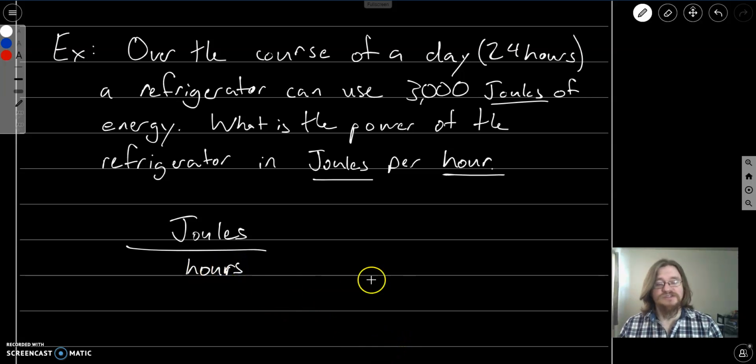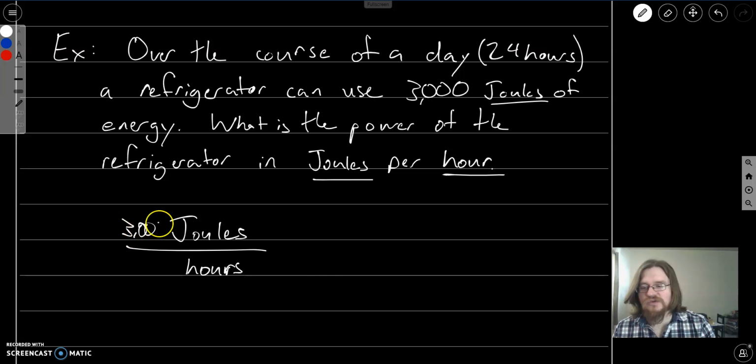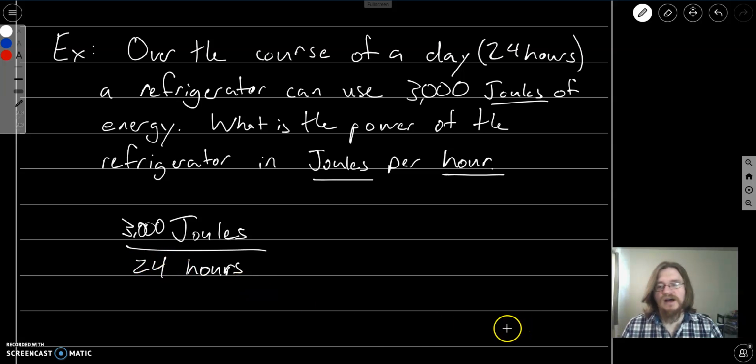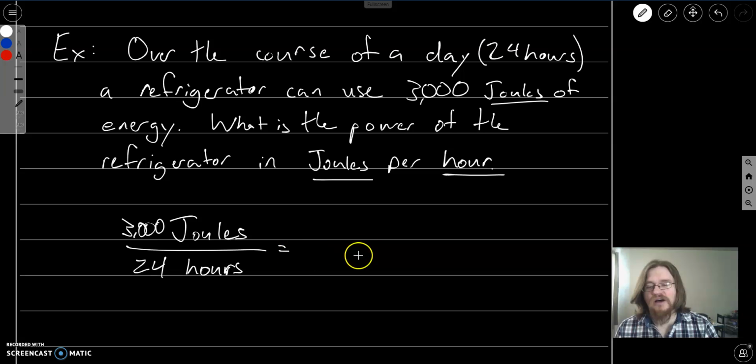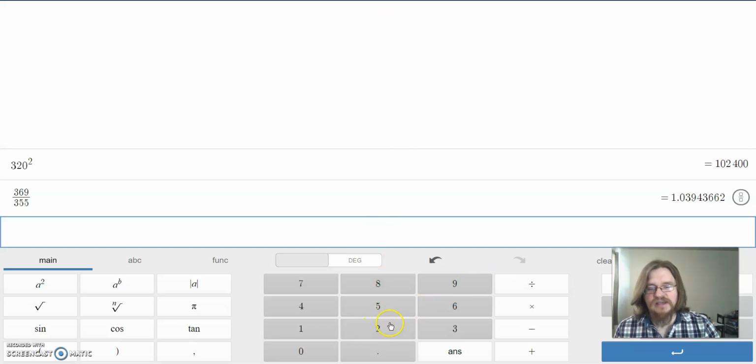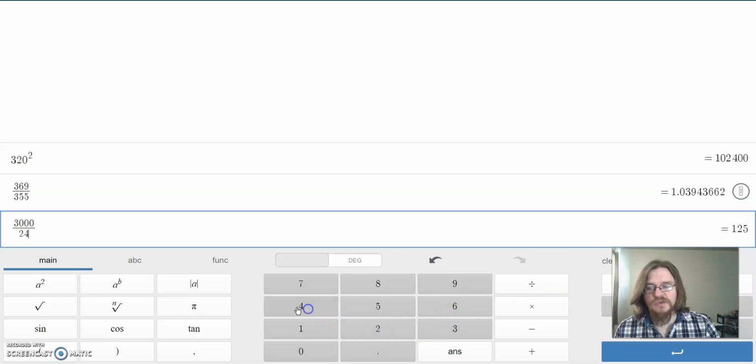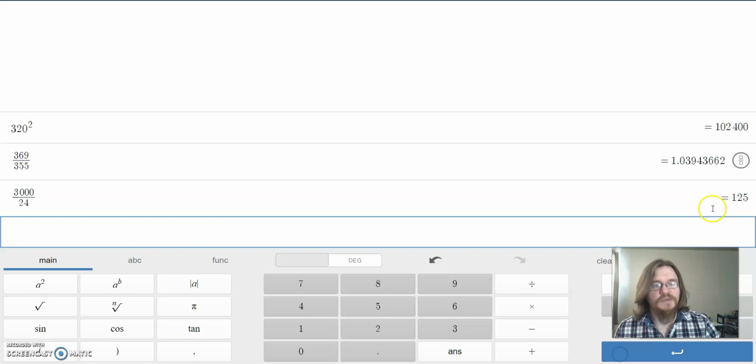And there's not a whole lot more to it. We know that what we're trying to find is joules per hour. We use 3,000 joules in one day, which is 24 hours. And that's it. All I need to do now is plug this into my calculator, and I can take 3,000 divided by 24, so there's 3,000 joules divided by 24 hours, and we get 125.